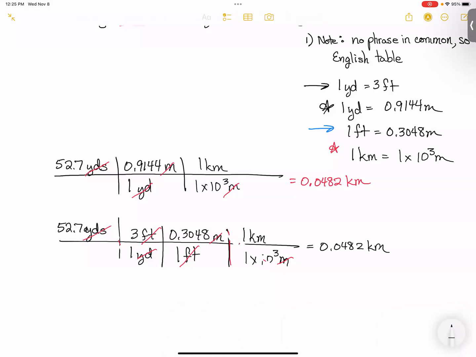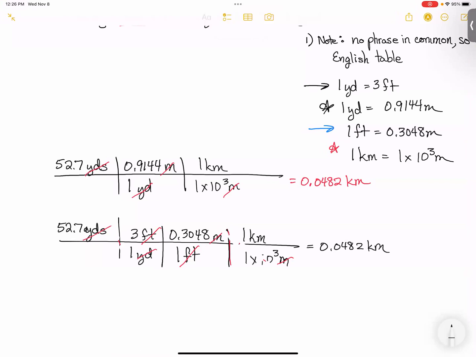In other words, it really didn't matter which path I took. So what matters? Somebody give me something that matters. Since it didn't matter which path I took, what did matter? The units.